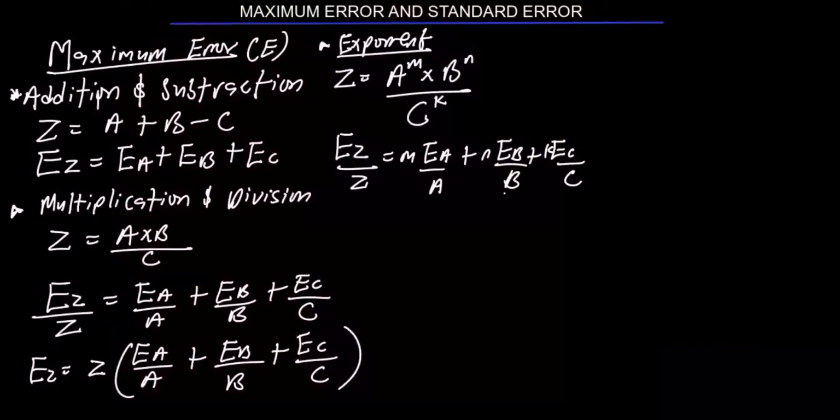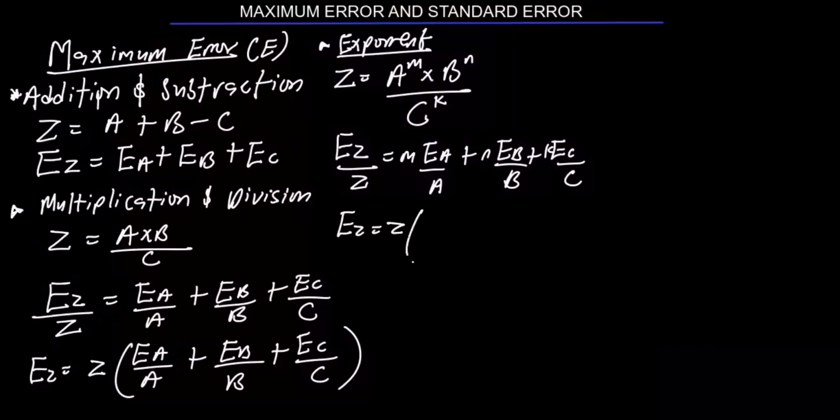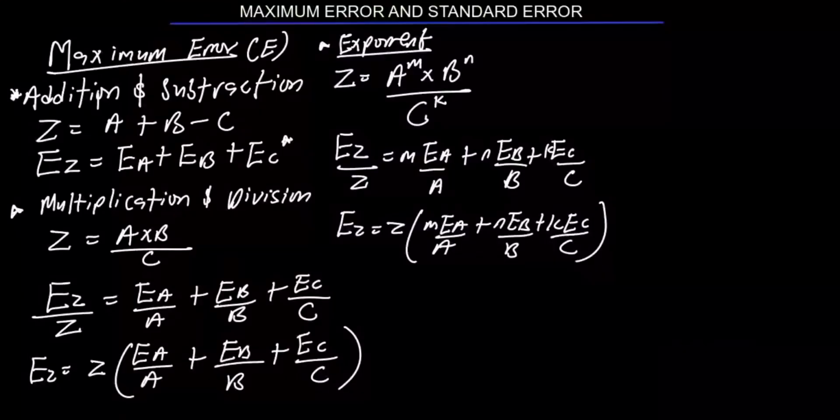Please don't say divided by EC over C. Add everything together. Then EZ equals Z multiplying m EA over A plus n EB over B plus k EC over C. That is how to write the maximum error formula. So whenever you are having addition or subtraction, you use this, multiplication and division, you use this.